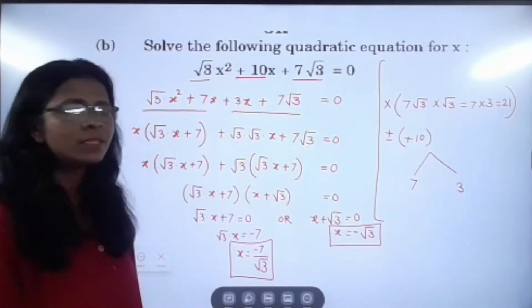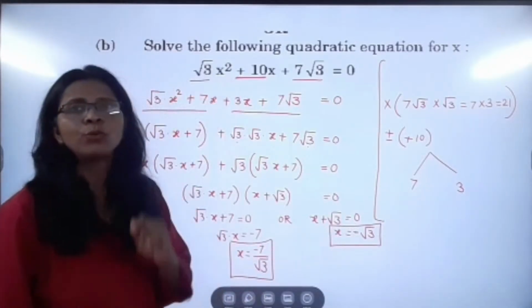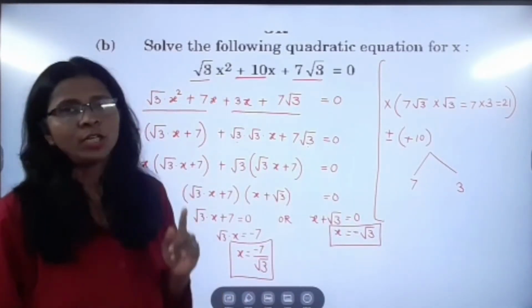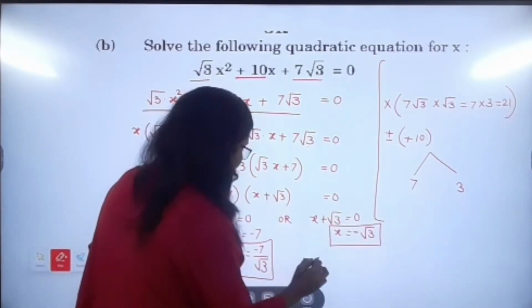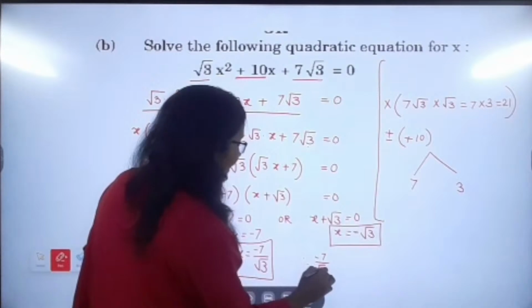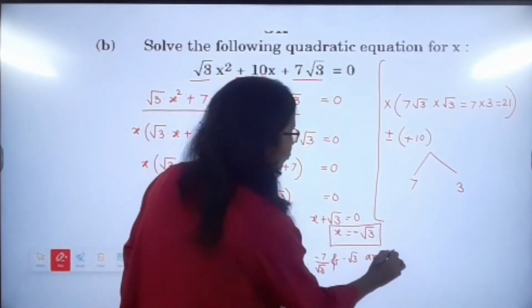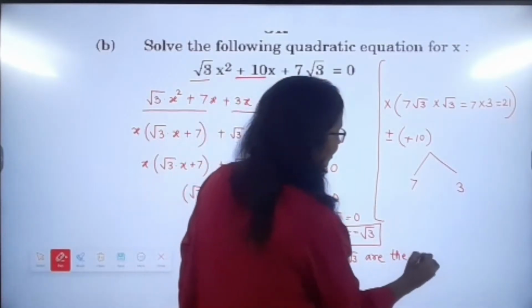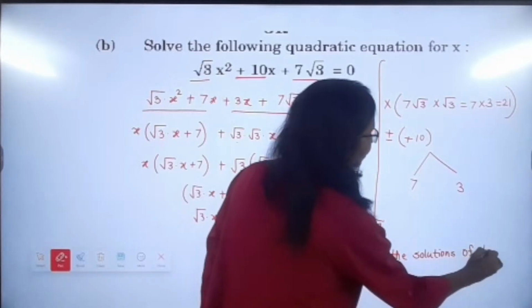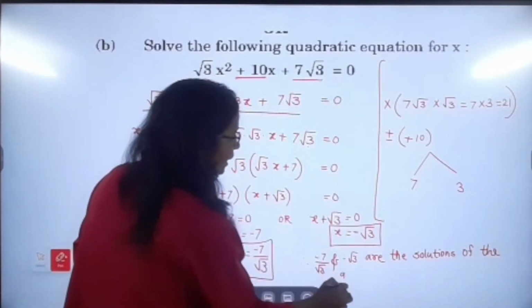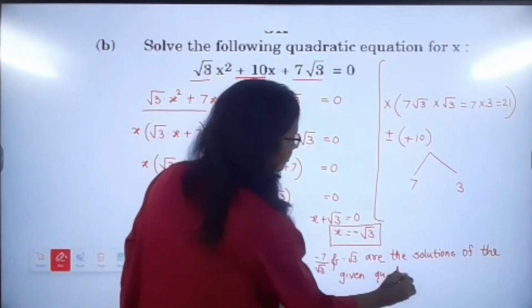So -7 upon √3 and -√3 are the solutions of the given quadratic equation. Very easy.